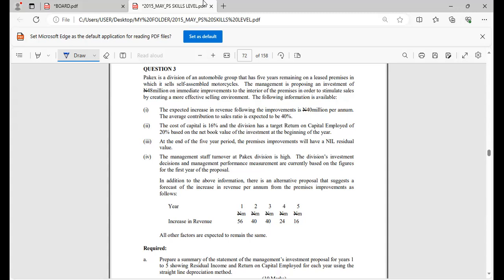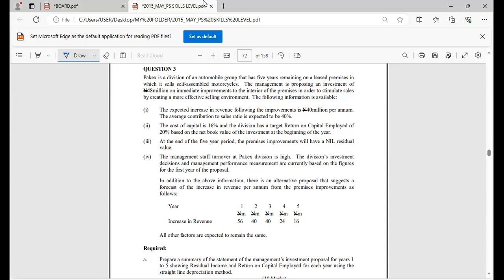4. The management staff turnover at Packers' division is high. The division's investment decisions and management performance measurements are currently based on the figures for the first year of the proposal. In addition to the above information, there is an alternative proposal that suggests a forecast of the increase in revenue per annum for the premises improvement as follows.